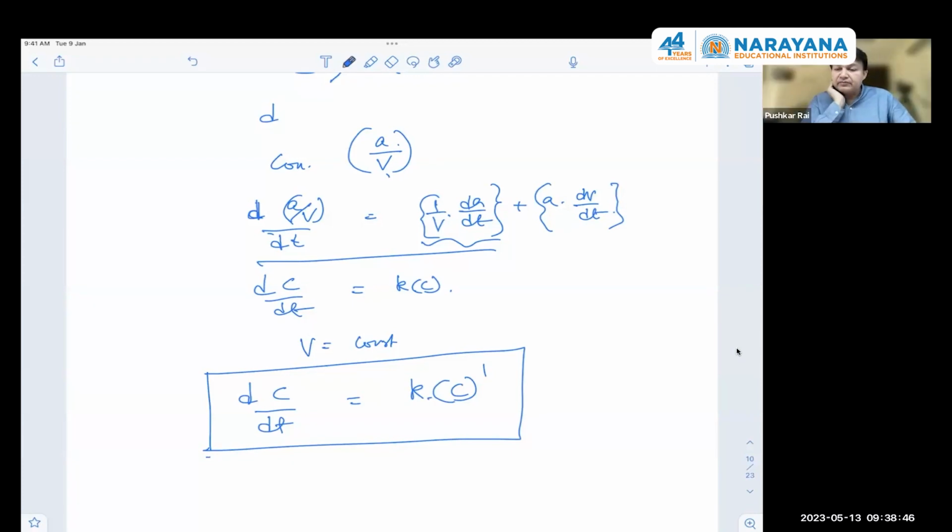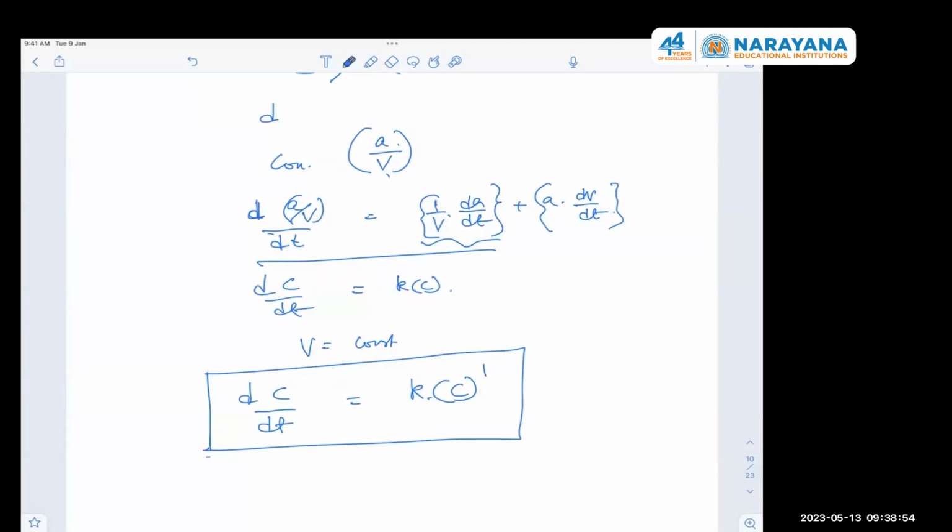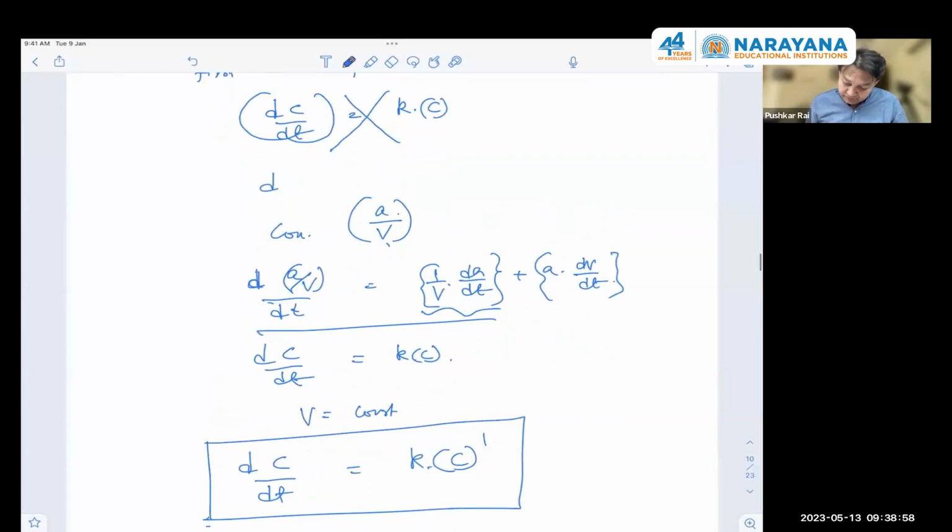Please unmute and tell me who is there. Sir, in the step (1 by V) dA by dt, what wrong have I done? Tell me. A is the amount, V is the volume, and I'm differentiating it. Suppose A is varying with time, and also V is varying with time.